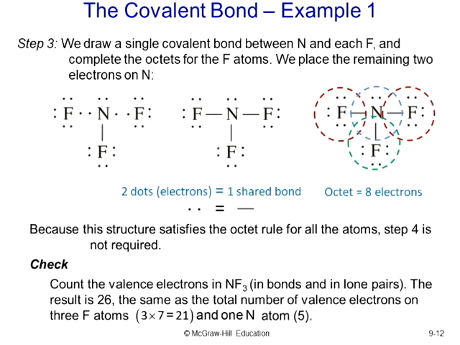Interestingly enough, we have 20 lone pair electrons, which means that we have 10 lone pairs on this compound. 2 of the lone pair are located on nitrogen, and the other ones are located on fluorine.